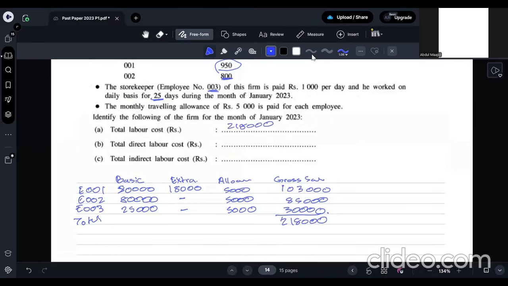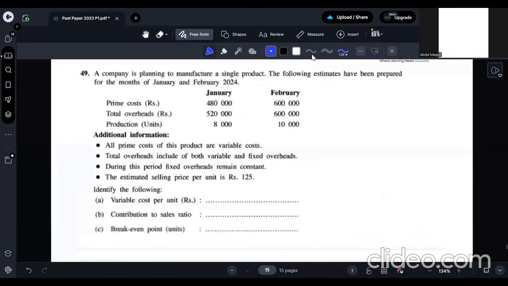Total direct labor for the production labor, employee 1 and 2, 103 plus 85, that is 188,000. Total indirect labor cost will be the storekeeper's salary, 30,000. Okay.